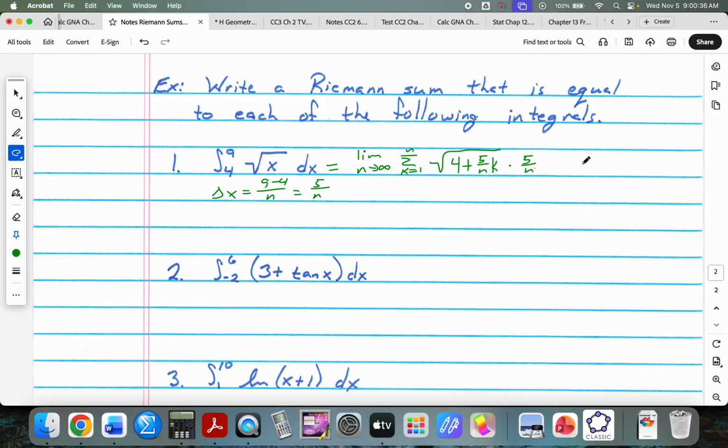And part of it is that the integral from 4 to 9 of the square root of x dx is the same thing as the integral from 0 to 5 of the square root of x plus 4 dx. Right?